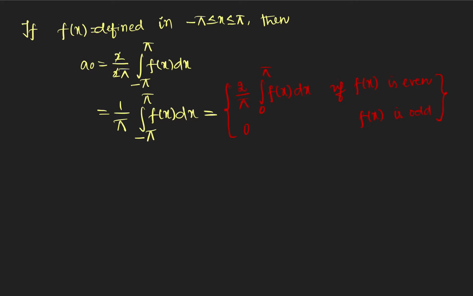So this is the property we can use, if the function is either odd or even, to compute the value of a naught.